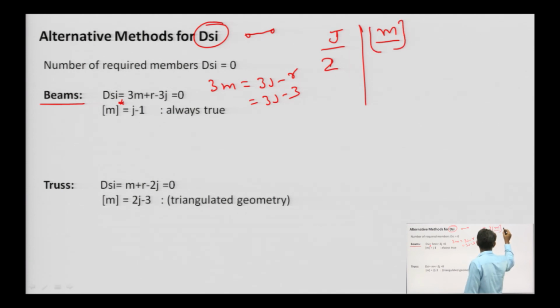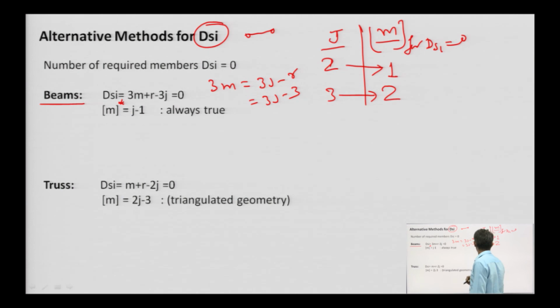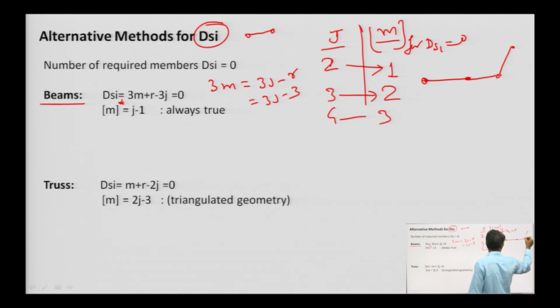this small m for DSI equal to 0. For 2 joints the number of members required is 1, that is 2 minus 1. For 3 joints, members required is 2. For 2 joints we need 1; for adding one more joint we need 1 more. For 4 joints, it is 3.